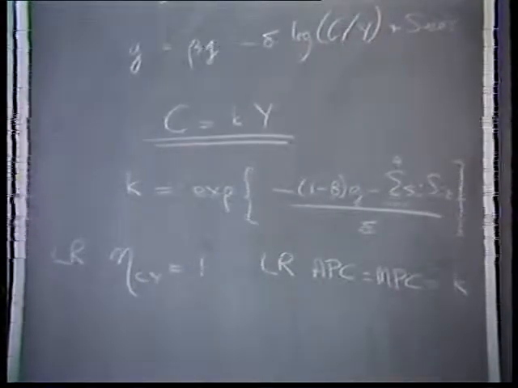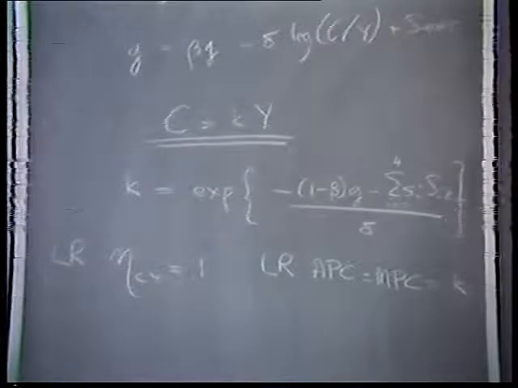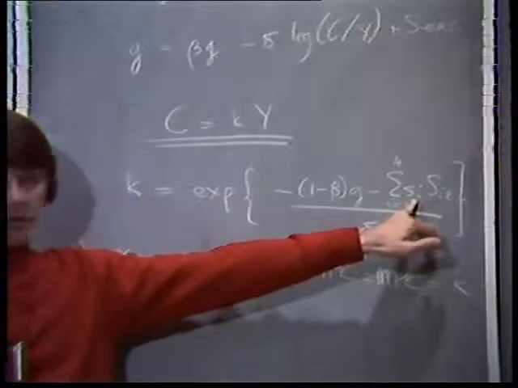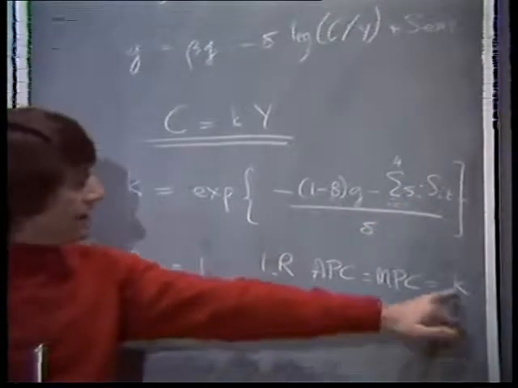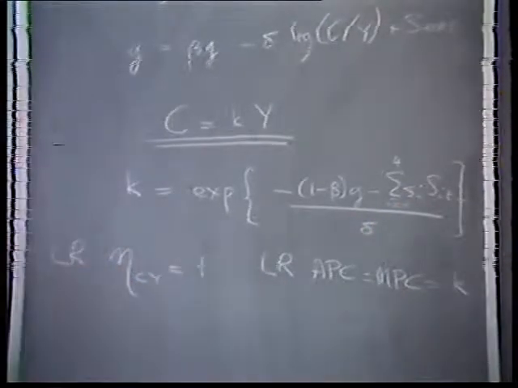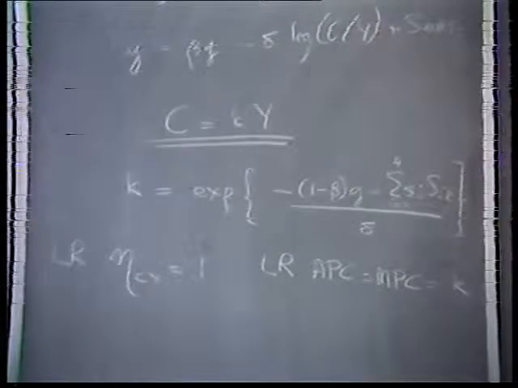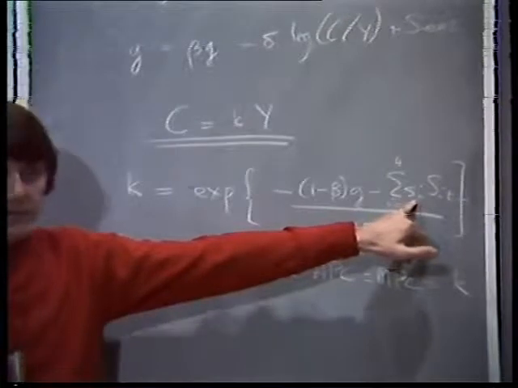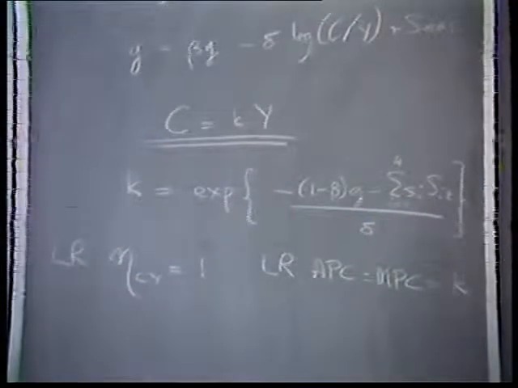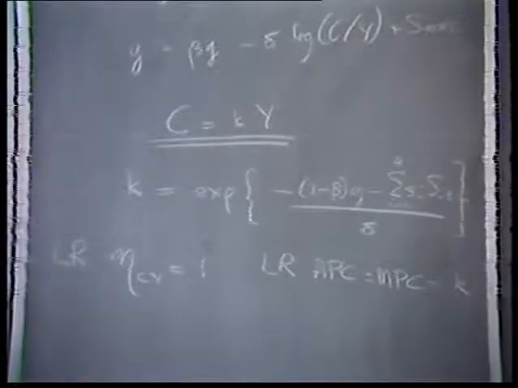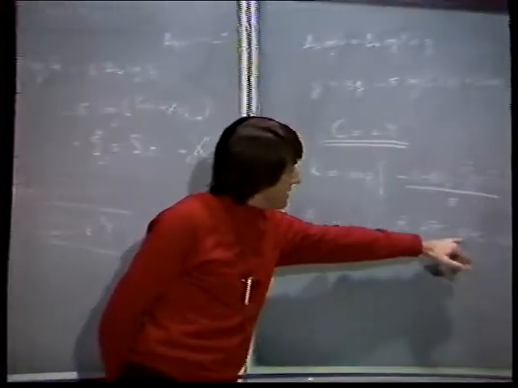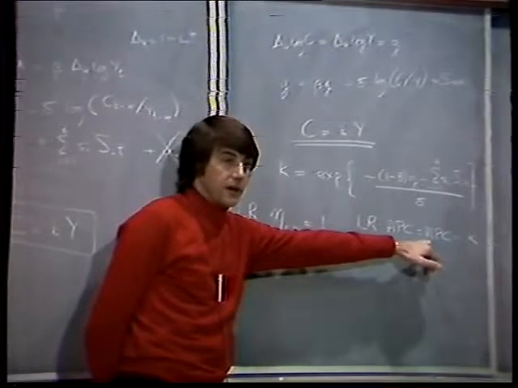And what can we say about K? Well, first of all, because we've got these seasonal dummy variables and their coefficients in K, the long-run marginal propensity to consume can vary seasonally. So if the small s_i's are significant in the estimated relationship, in the long run, if delta is not equal to 0, then the marginal propensity to consume does vary seasonally.